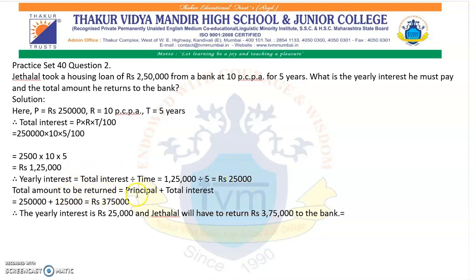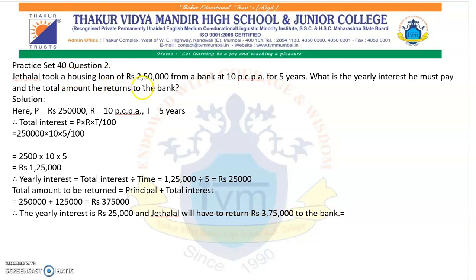Therefore, total amount to be returned equals principal plus total interest. Principal is given 2,50,000 plus interest 1,25,000 equals rupees 3,75,000. Therefore, the yearly interest is rupees 25,000 and Jethalal will have to return 3,75,000 to the bank.